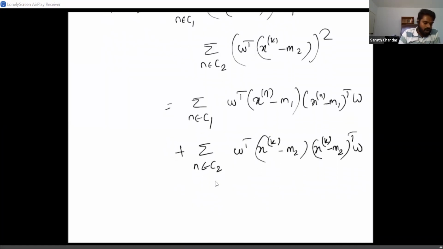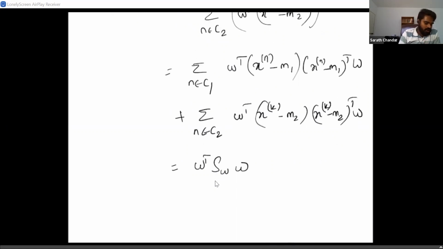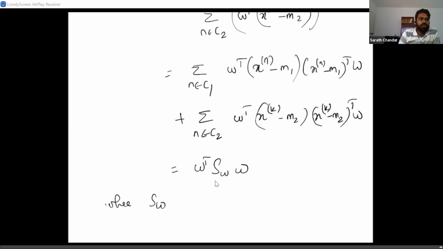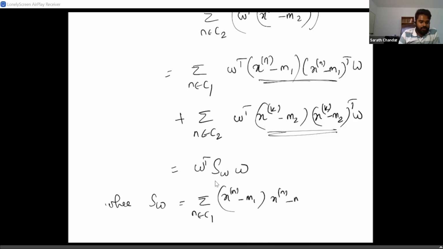Now I'm going to write the whole thing as W transpose SW W, where SW is given by just these terms: summation over n belonging to C1, Xn minus M1, Xn minus M1 transpose, plus summation over n belonging to C2, Xk minus M2, Xk minus M2 transpose.